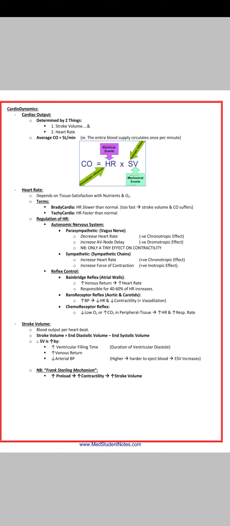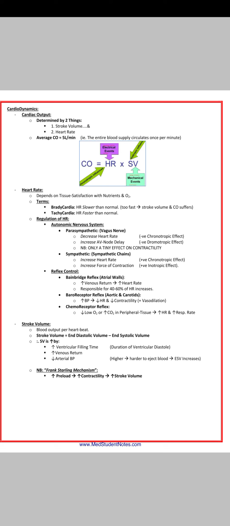Next is regulation of heart rate. The autonomic nervous system. We discussed the autonomic nervous system, the parasympathetic nervous system, and the sympathetic nervous system. The parasympathetic nervous system is influenced by the medulla oblongata and the motor neurons that help in the stimulation of the parasympathetic nervous system.